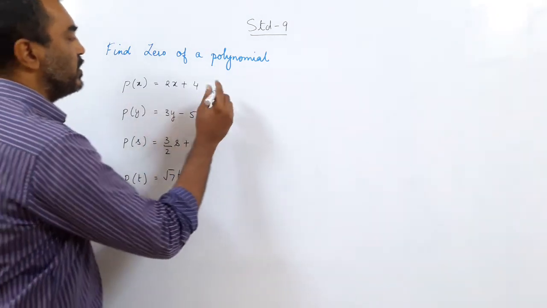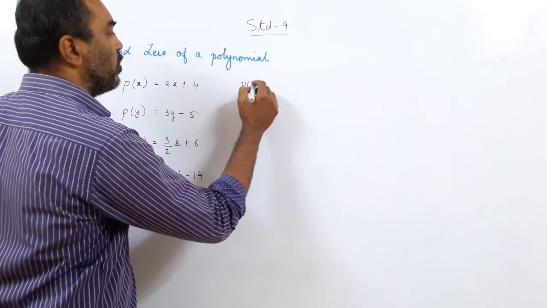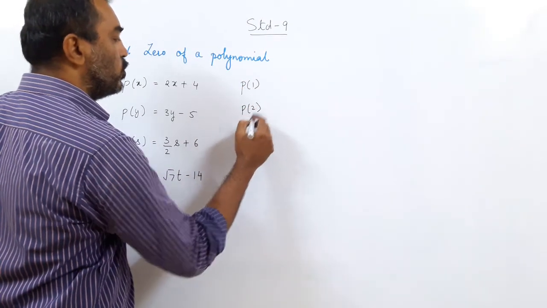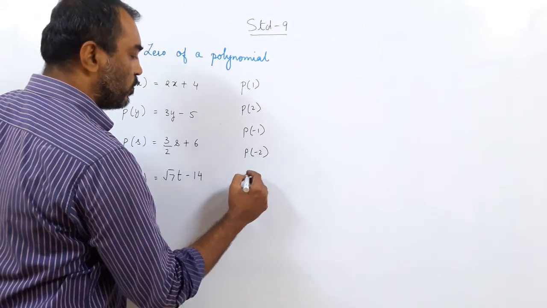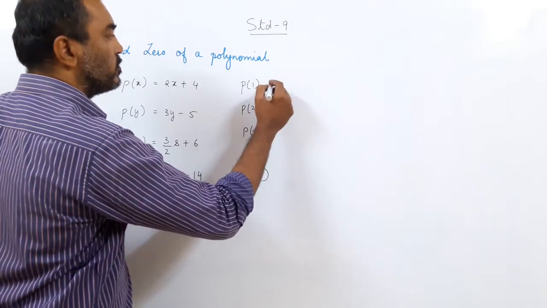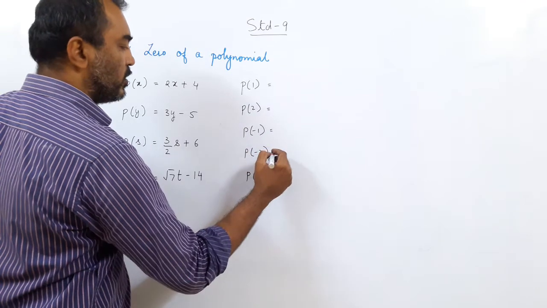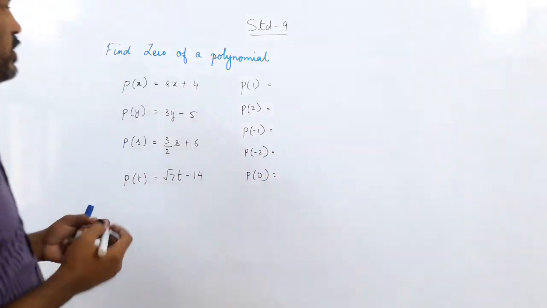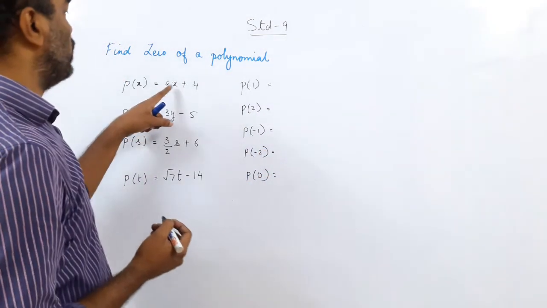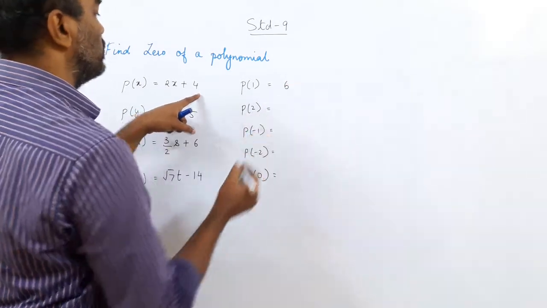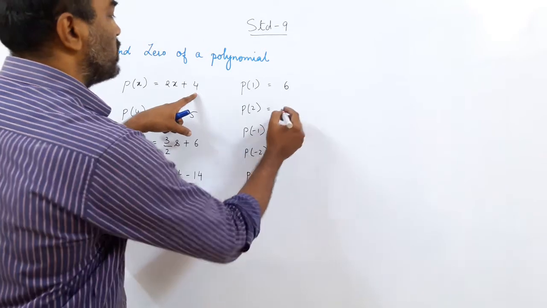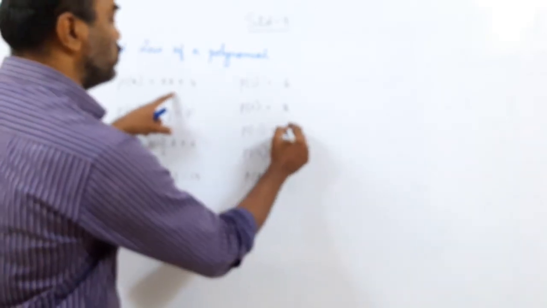In the first case here, we'll take p of 1, we'll take p of 2, we'll take p of minus 1, we'll take p of minus 2, p of 0 and so on. Yes, you can do it. When you put 1, 2 ones are 2, plus 4, 6. 2 2s are 4, plus 4, 8. When I put minus 1, minus 1 into 2, minus 2, 4 minus 2, 2.